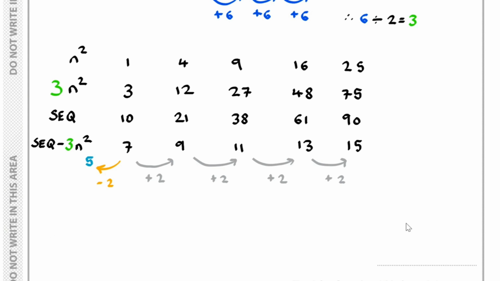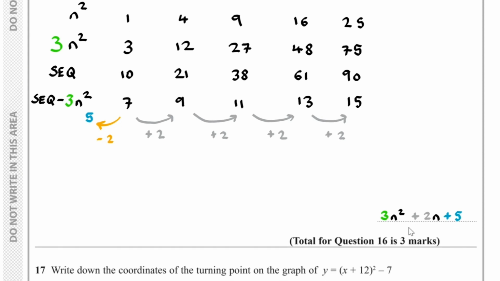And so therefore, for the quadratic sequence, we have 3n squared, and then we add on the 2n, and then we add on the 5. So the nth term of the sequence is 3n squared plus 2n plus 5.